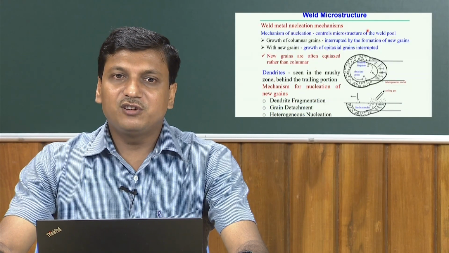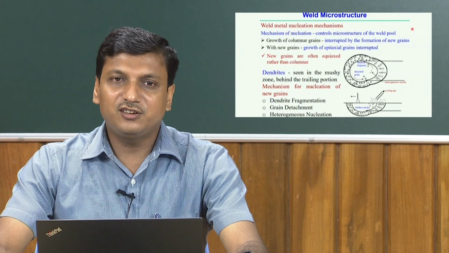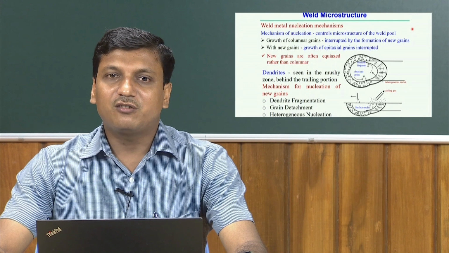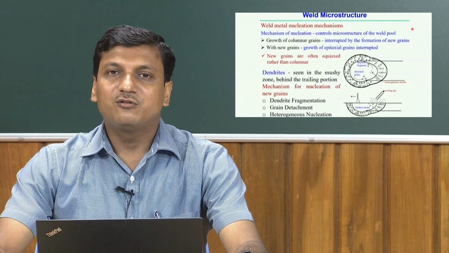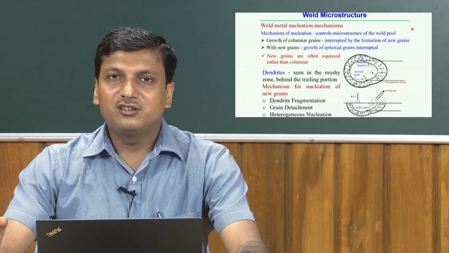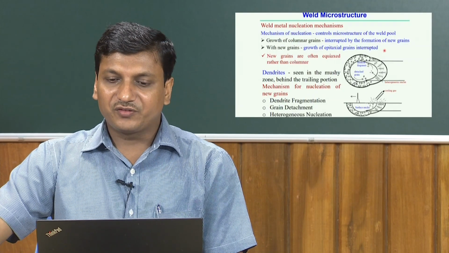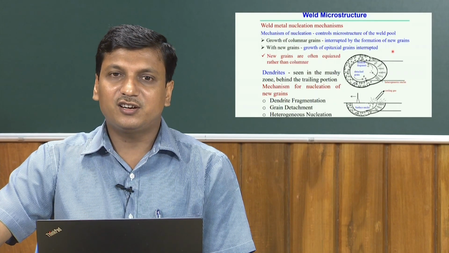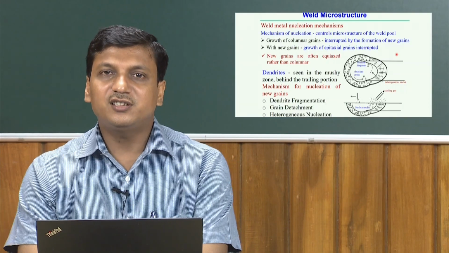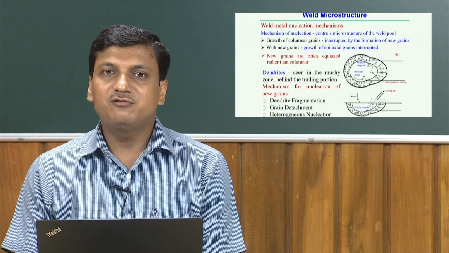Now, we look into the weld metal nucleation mechanism. The mechanism of nucleation actually controls the microstructure of the weld pool, so we need some understanding of the nucleation mechanism during the welding process. Two things are there. First, the growth of the columnar grains is interrupted by the formation of new grains.